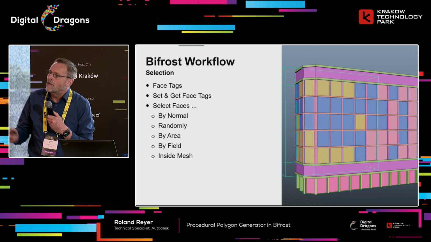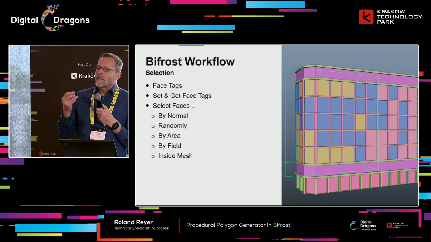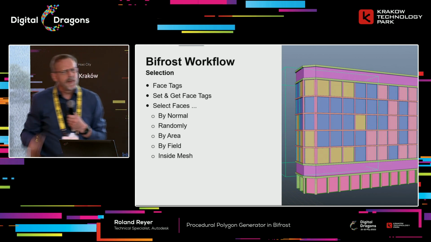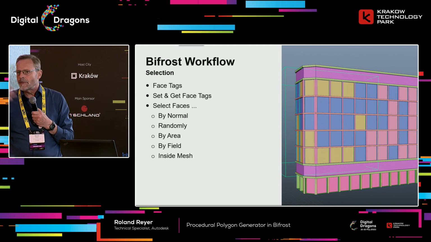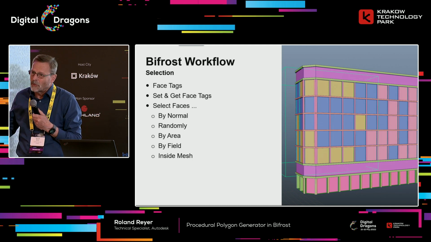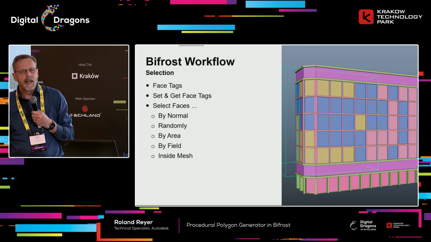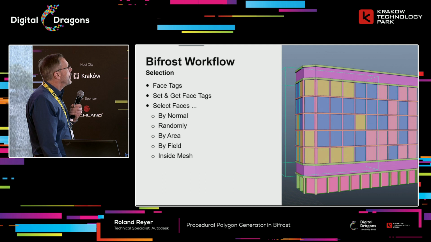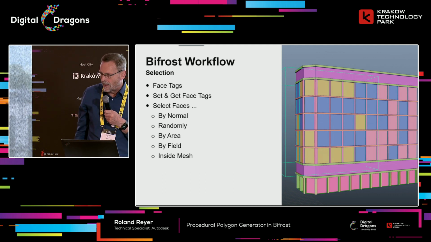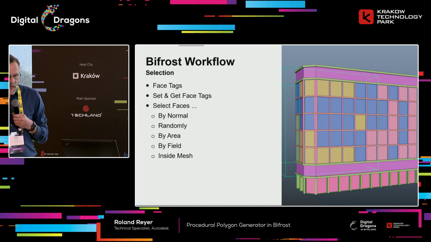So this kind of selection is procedural enough. I mean, placing a box somewhere is not very procedural. Once you have a different starting geometry, then your box is in the wrong place or something like that. So the safest way would be to select by normal. That is something that I was very successful in using.